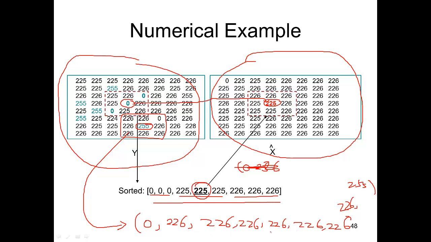Then you get the median of this sequence, and you will find the median value is 226. So in the new image, the 255 will be replaced by 226. For each pixel, you do the same operation, and then you will get the noise reduced image. That's how the median filter works.